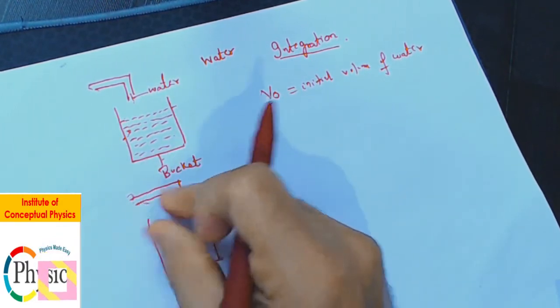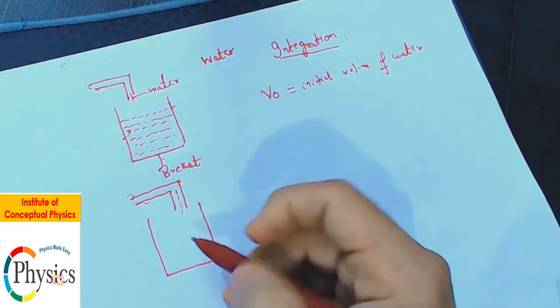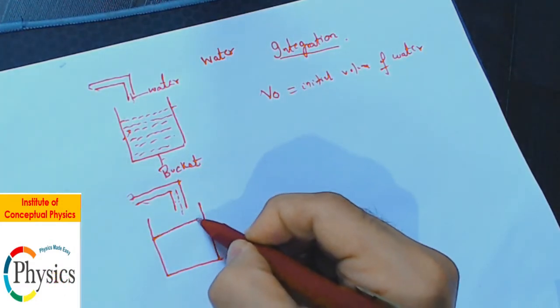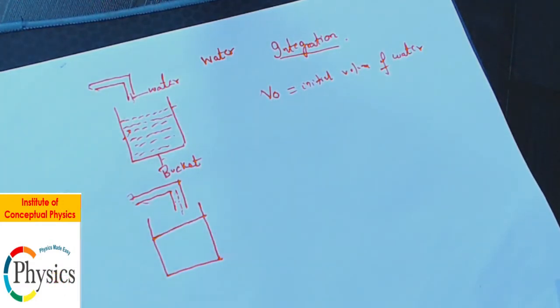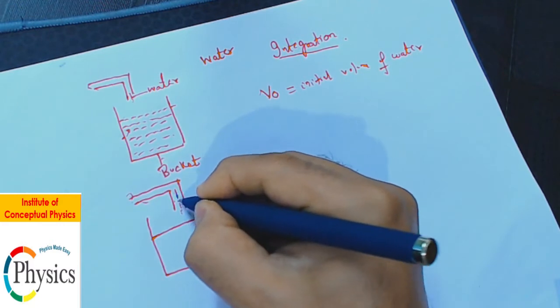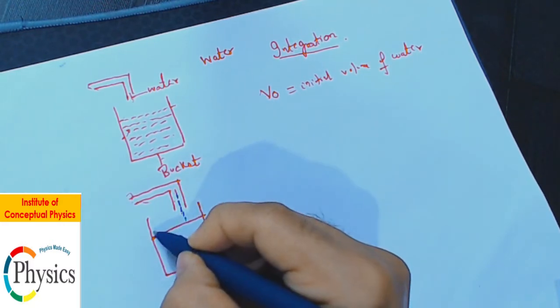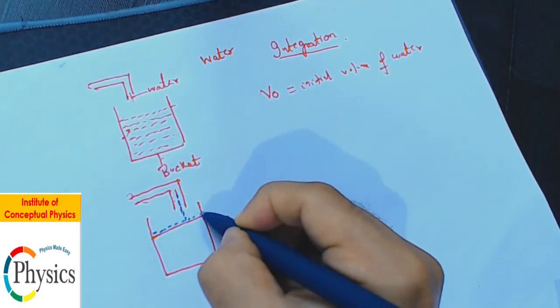Now, you can control the tap. So the water was filled up till this place. And once you open the tap, this is what happens, right? So the water keeps on coming down, and the level of water starts going up.